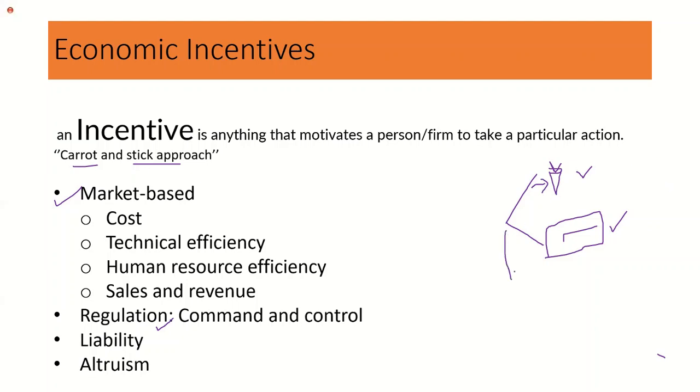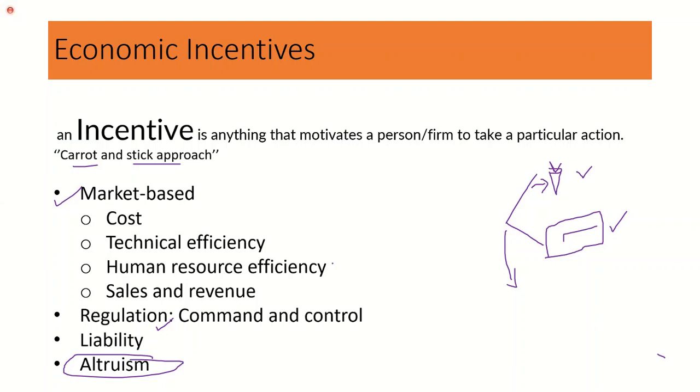Another reason could be altruism. Altruism means it's not because of a carrot, a monetary or financial benefit, nor because of a mandatory government requirement, rule or regulation, but purely out of good faith.